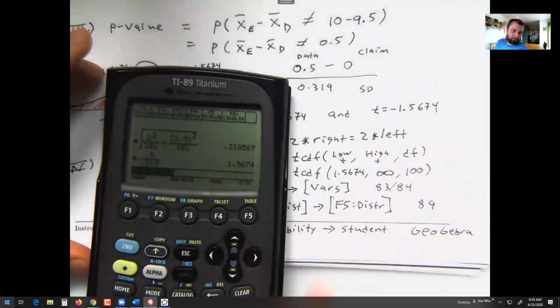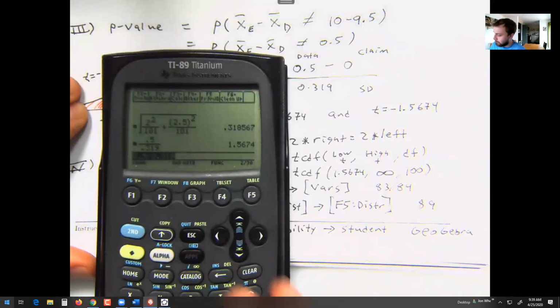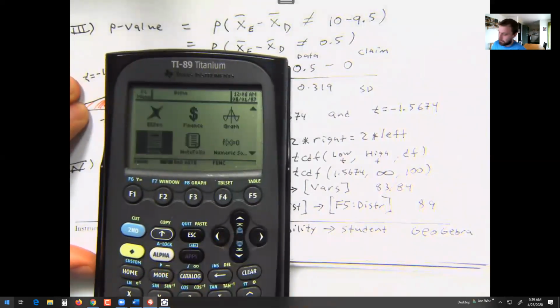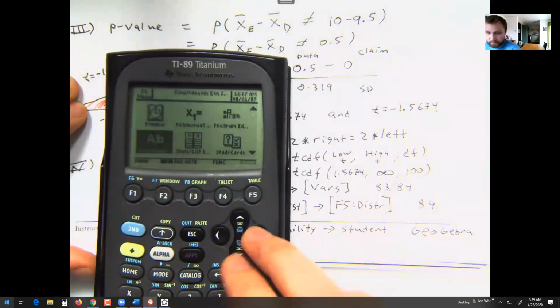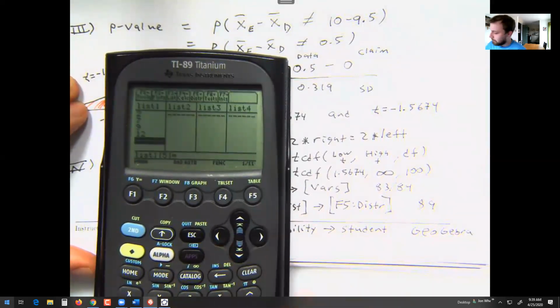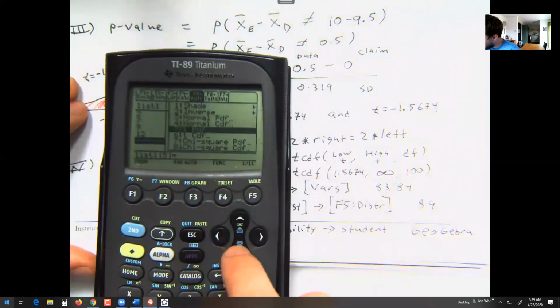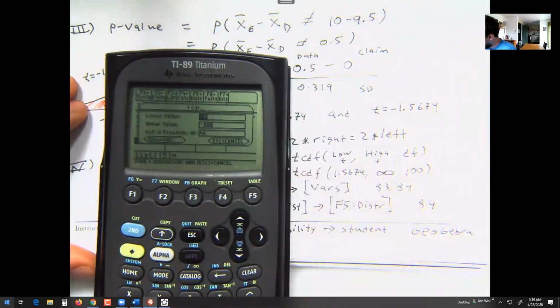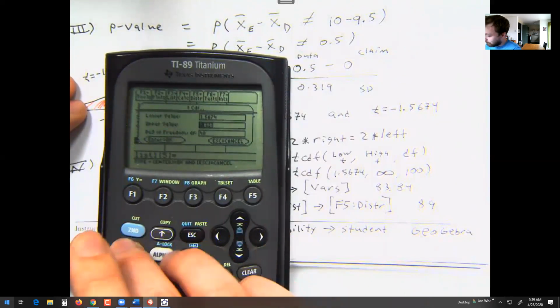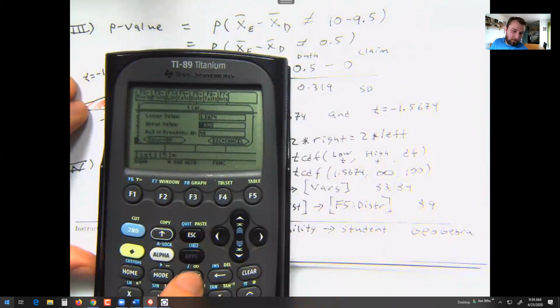TI-89. I'm going into stat list editor, so apps, stat list editor. Distribution is up there at F5, so F5. I'm choosing TCDF from 1.5674 for the low value up to infinity. My infinity is the green infinity button right there.